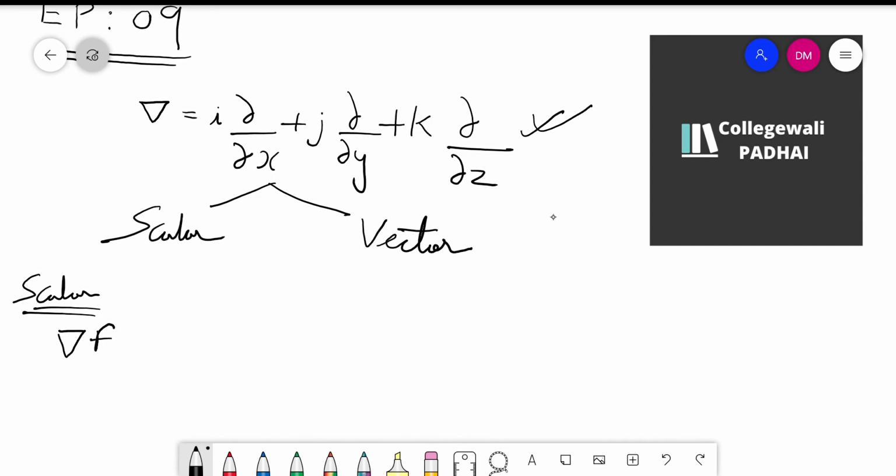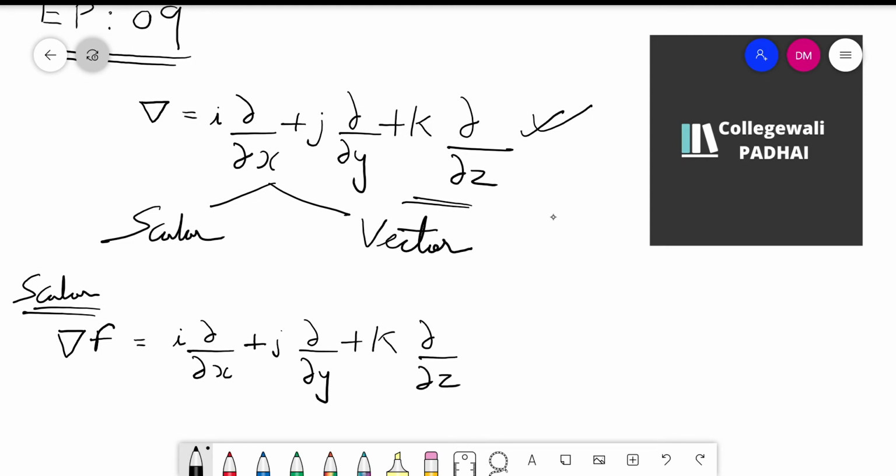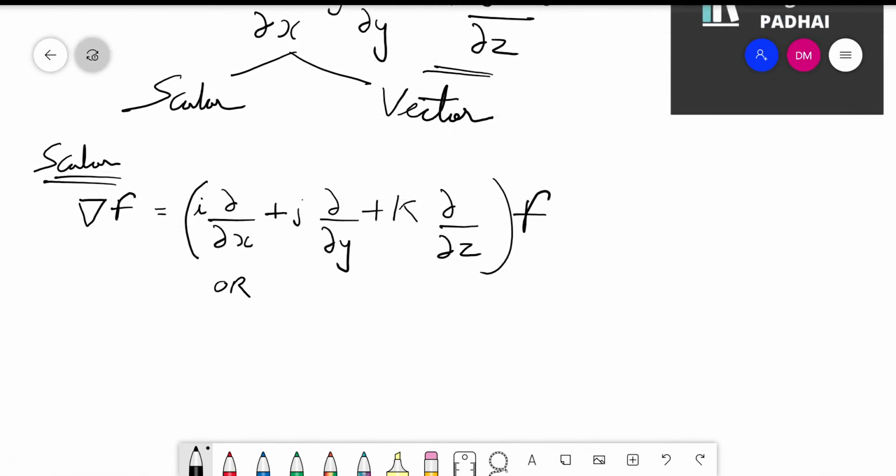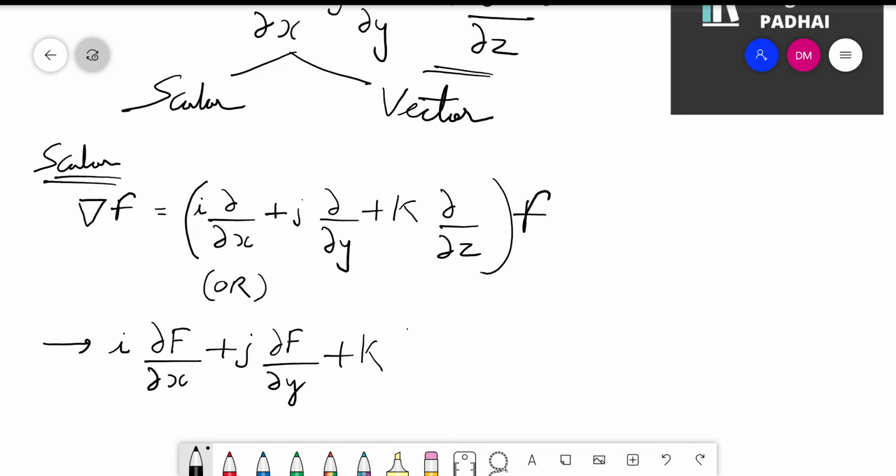Del will be this whole part, that is i into dou by dou x plus j into dou by dou y plus k into dou by dou z, whole into f, and this can be otherwise written as i into dou f by dou x plus j into dou f by dou y plus k into dou f by dou z.